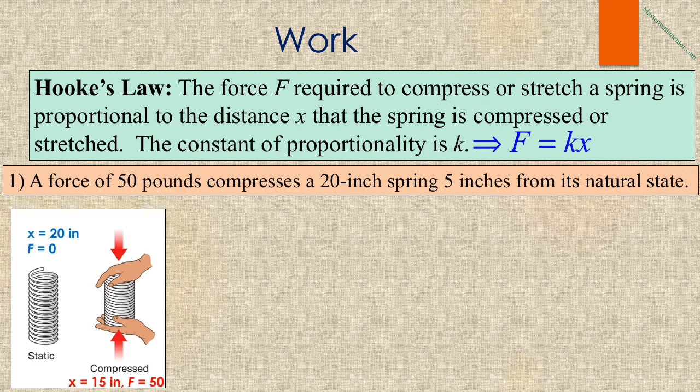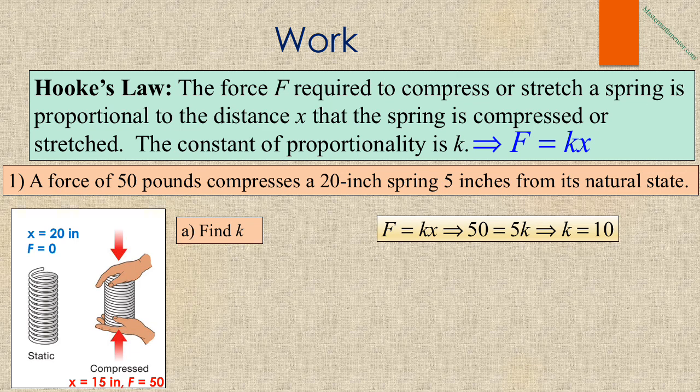When x is 20 inches, our spring is in its natural state, and therefore F is equal to 0. There's no force on it. However, when we compress it 5 inches, that takes x down to 15, and the force is 50.